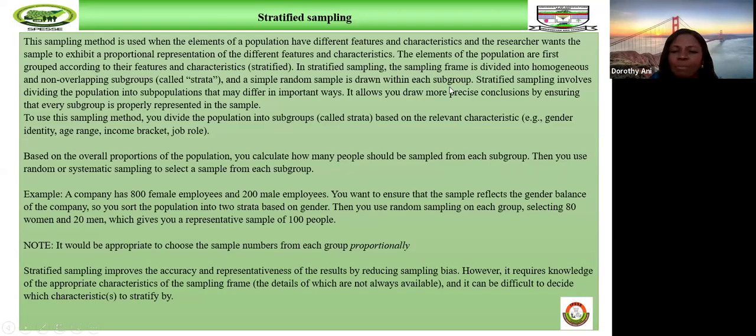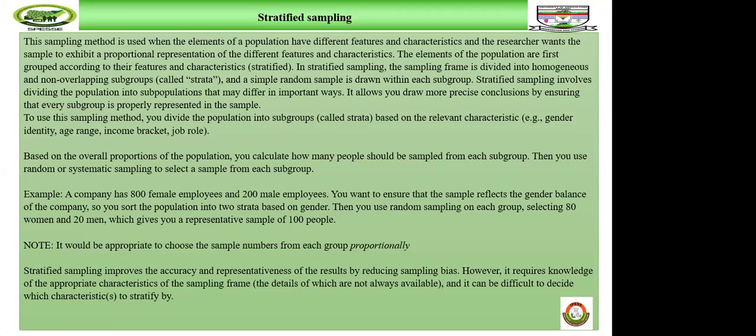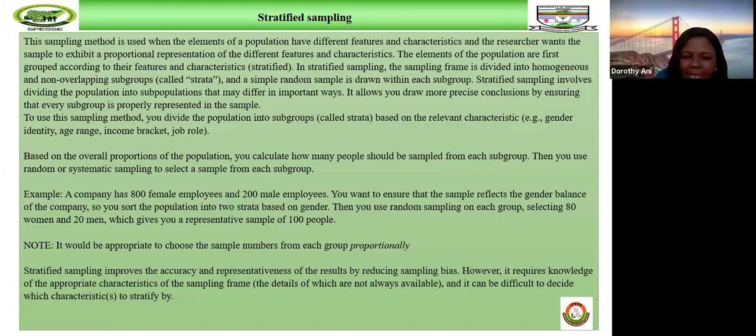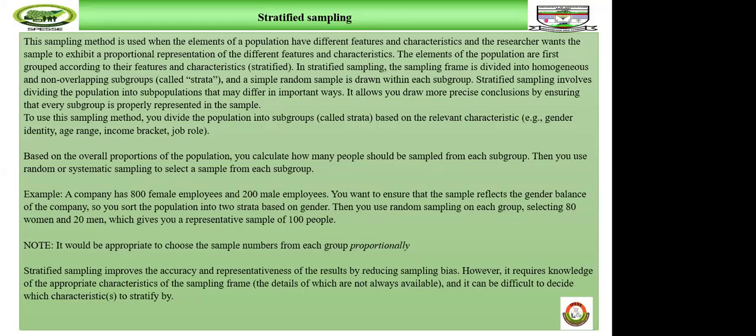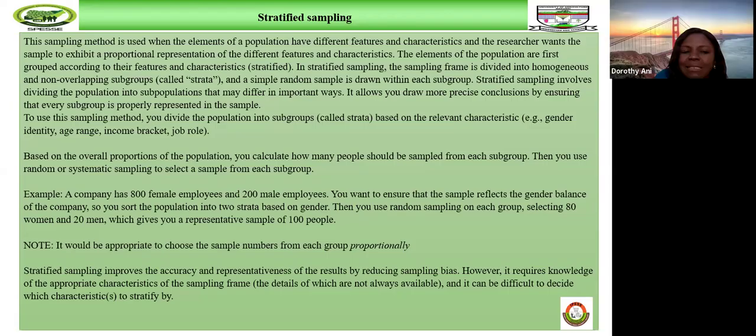The elements of the population are first grouped according to their features and characteristics. That is the stratified. In stratified sampling, the sampling frame is divided into homogeneous and non-overlapping subgroups called strata, and a simple random sample is drawn within each subgroup.